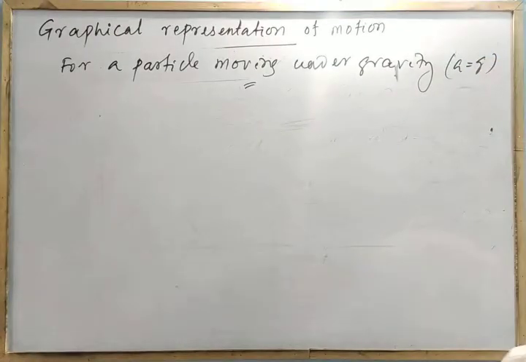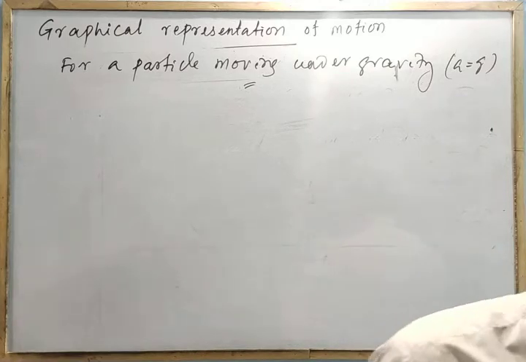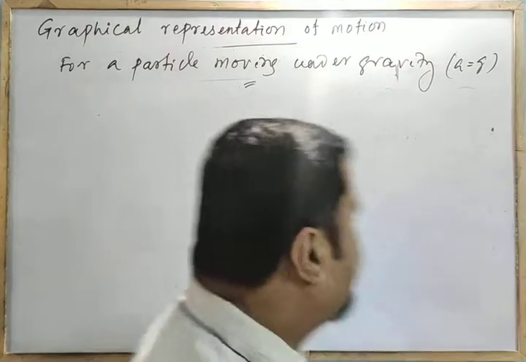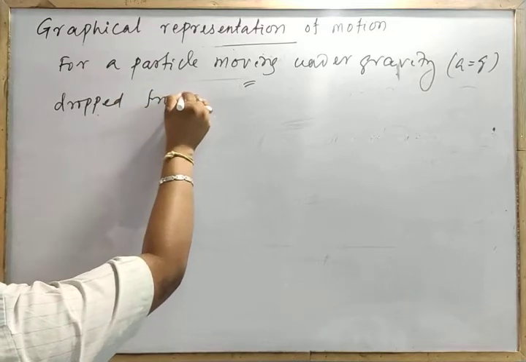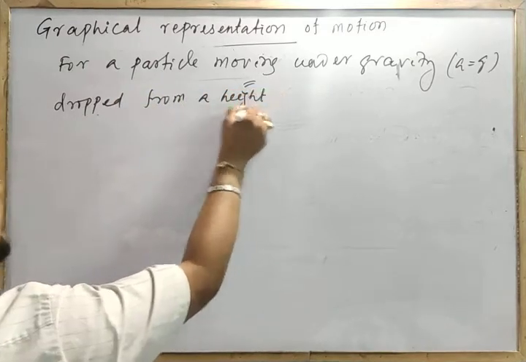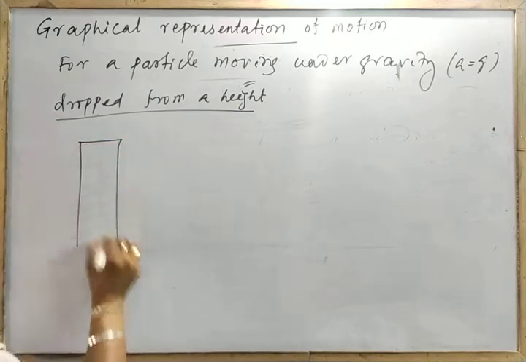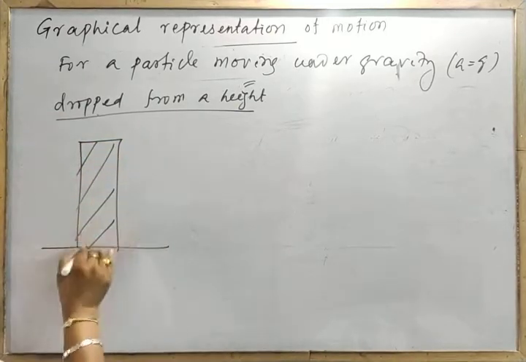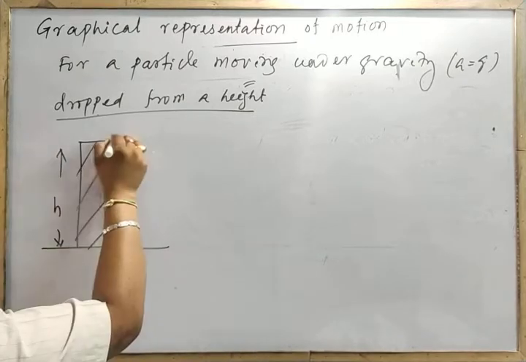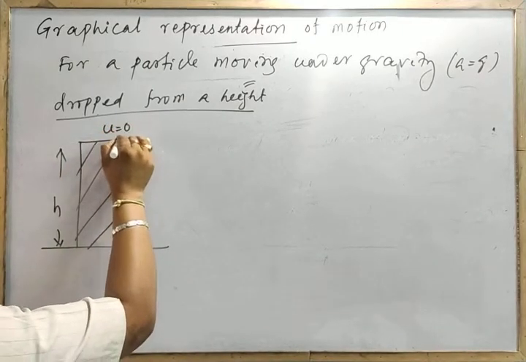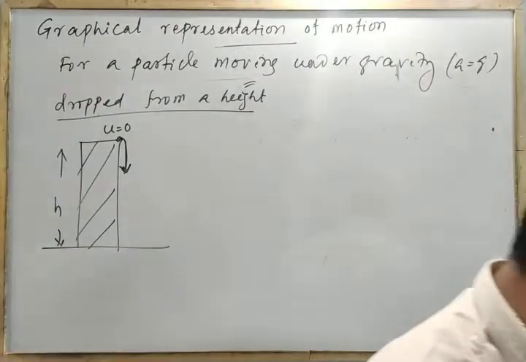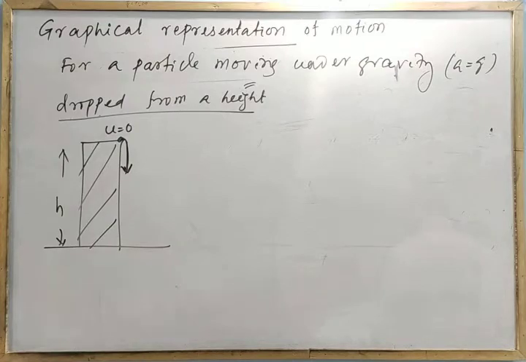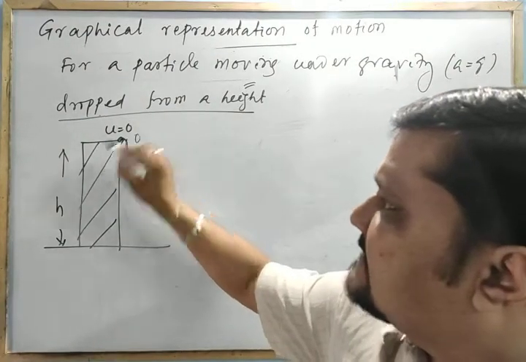Suppose a body is dropped from a height h, this is the ground, and the particle is dropped from here with u equal to 0. Suppose this is the origin, where the particle is dropped.